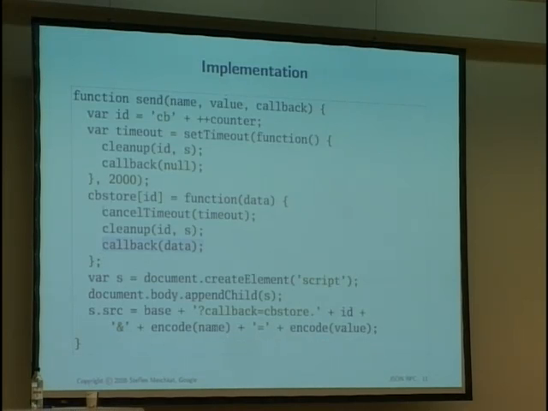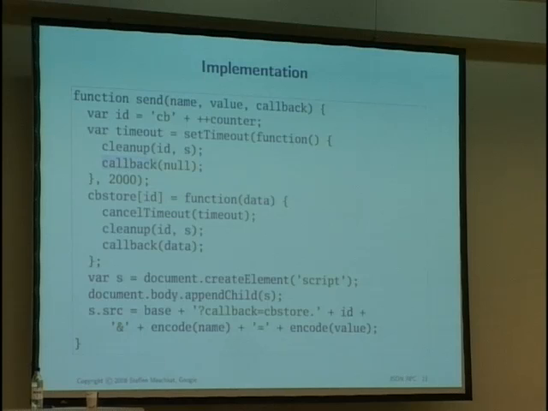Okay, so I mentioned that for the case that we don't receive a response from the service, we schedule this timeout to also call the callback function. This happens here. This timeout just does mostly the same thing. It also invokes cleanup, that is, it removes the callback and it removes the script element because we don't need it anymore, even if it didn't serve us.